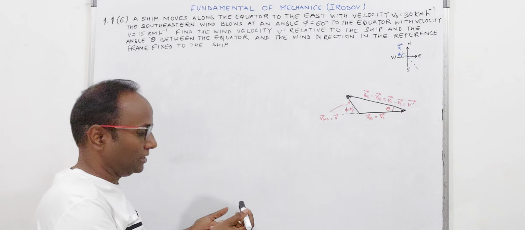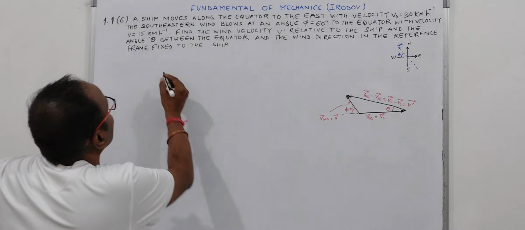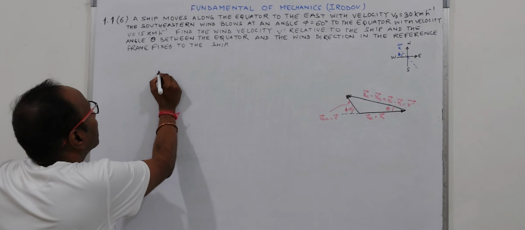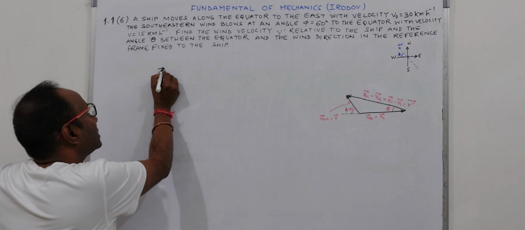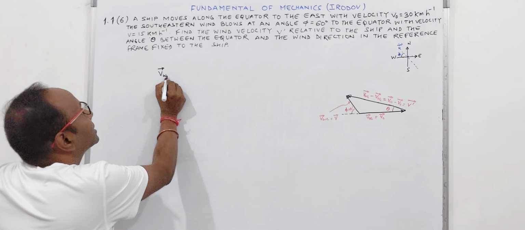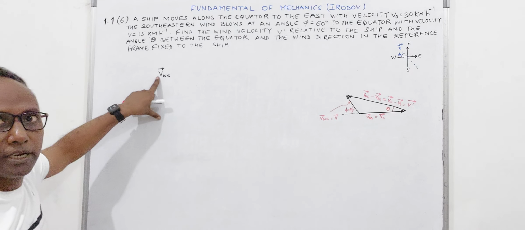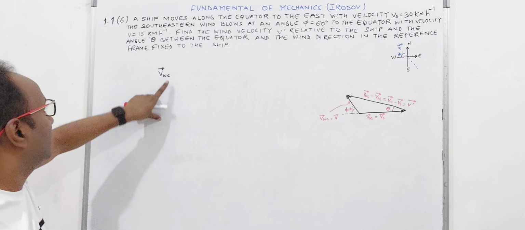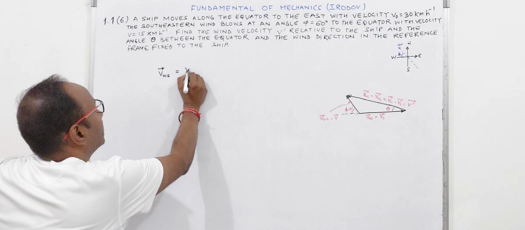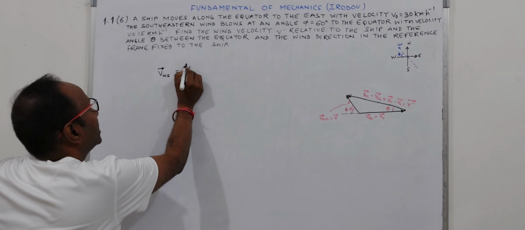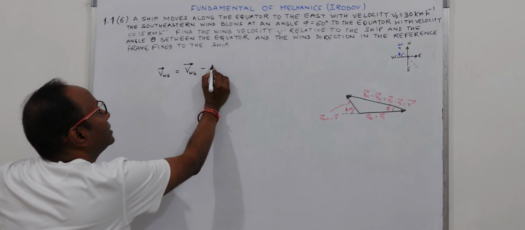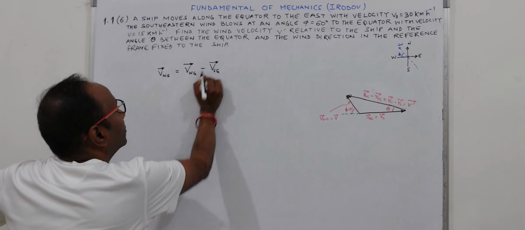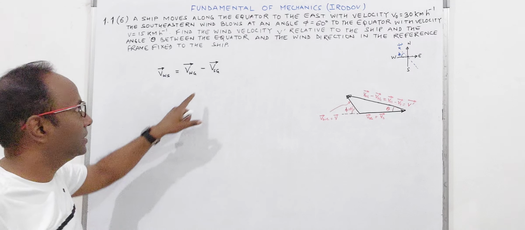So let's write. The question is asking that you should find the wind velocity v dash relative to the ship. Velocity of wind relative to the ship is equal to velocity of wind with respect to ground minus velocity of ship with respect to ground. So this we have to find out.